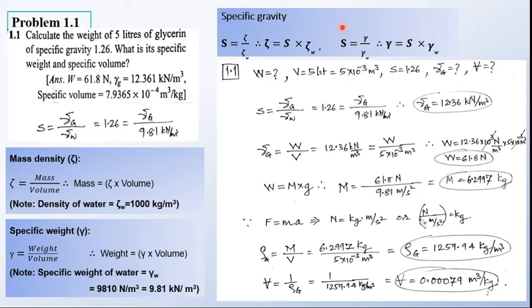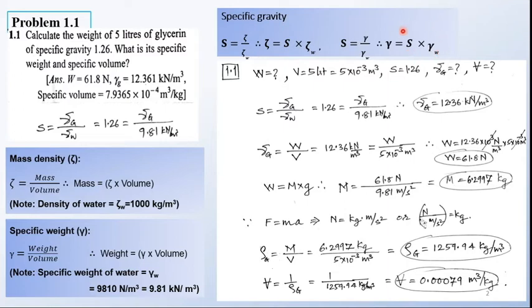Similarly, another definition of specific gravity is the unit weight or specific weight of a material divided by specific weight of water. Now if you rearrange again, specific weight of any material is equal to specific gravity of that material multiplied by specific weight of water.